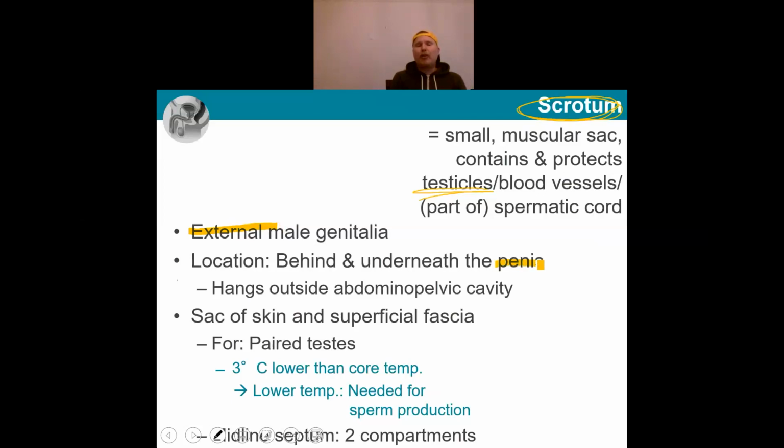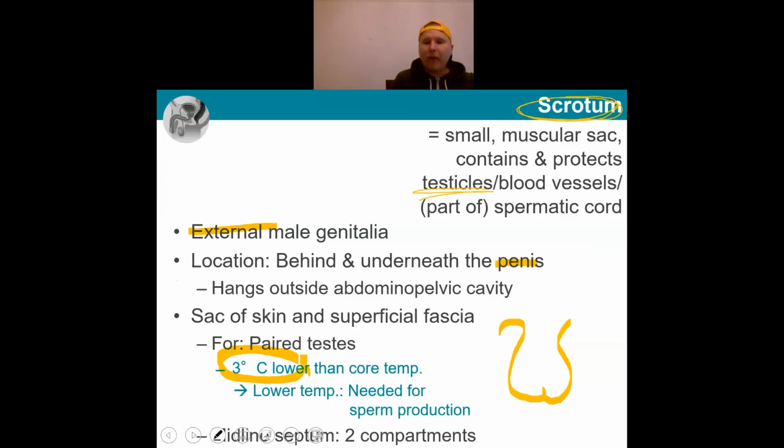The reason for the scrotum to be this hanging pouch outside the abdominopelvic cavity is that this allows us to control the temperature of where we're keeping the testes.